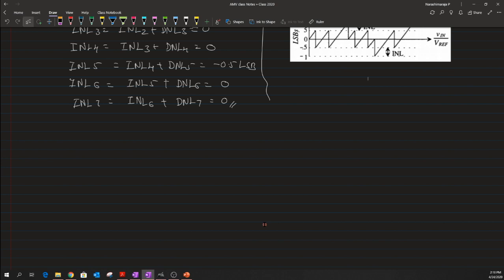Which is again a term with which one could determine whether a particular data converter, whatever they specify as an 8-bit data converter or a 16-bit data converter, is it really a 16-bit or an 8-bit data converter or not, can be quantified by having this accuracy specification.